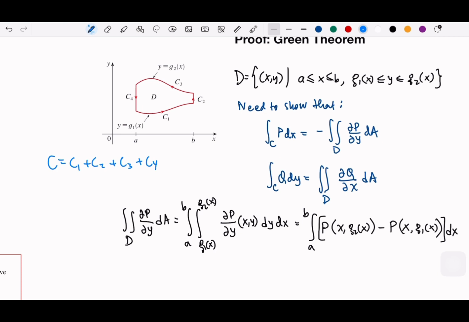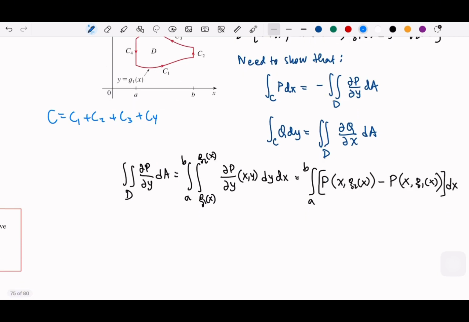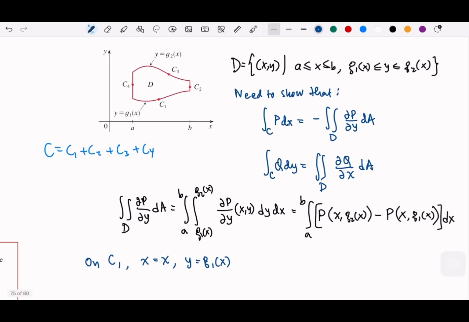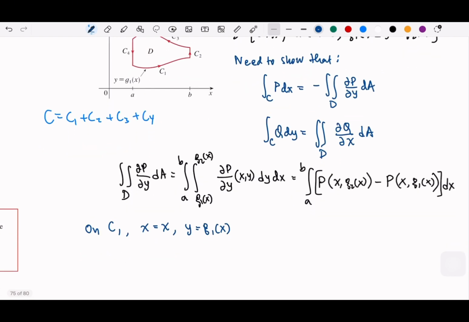So suppose that for C1, as we did in the previous discussion, let's say on C1, x is our parameter, right? And then y, in terms of C1, is g1 of x, the curve, and then x is between a and b, okay?